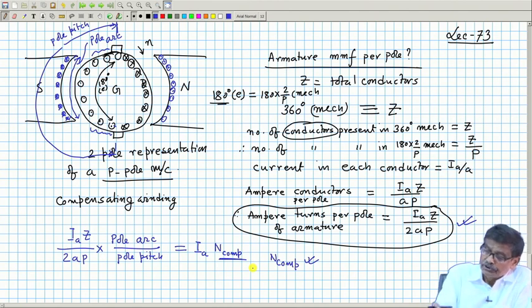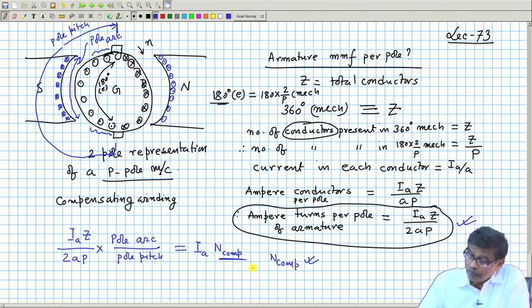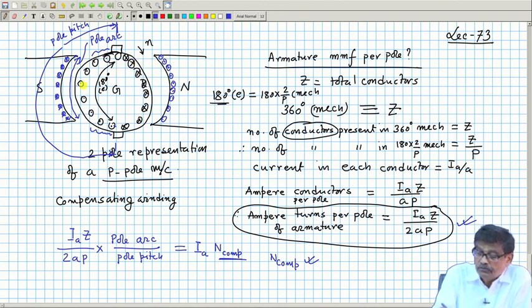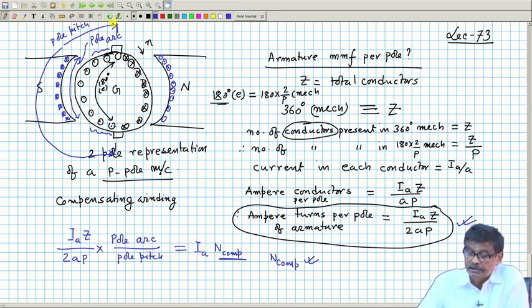Therefore, a portion of this uncompensated field will still be present, that is because of the unattended armature conductors present under the influence of the poles. That is to be done by what is called the compensating winding.